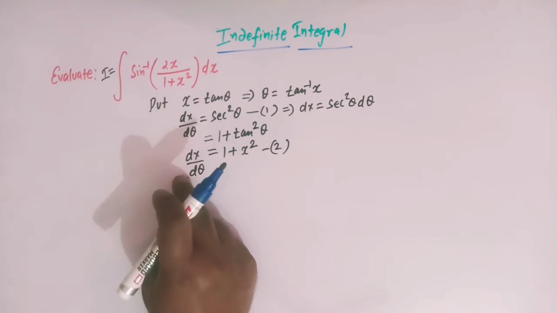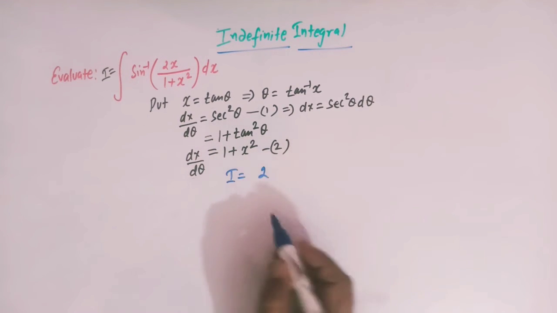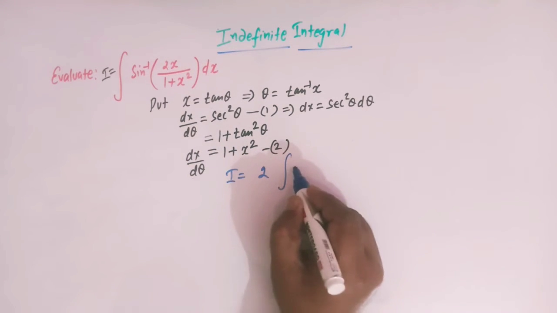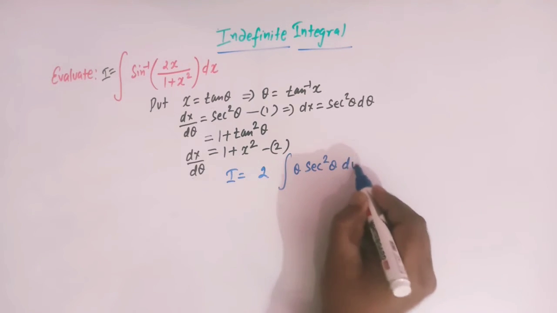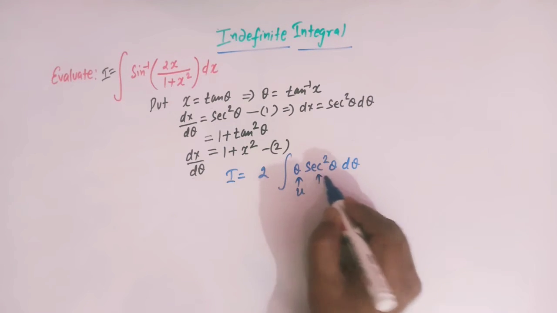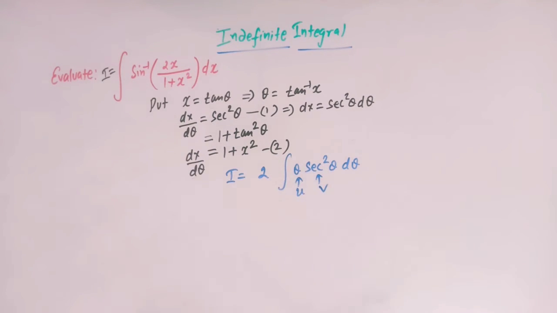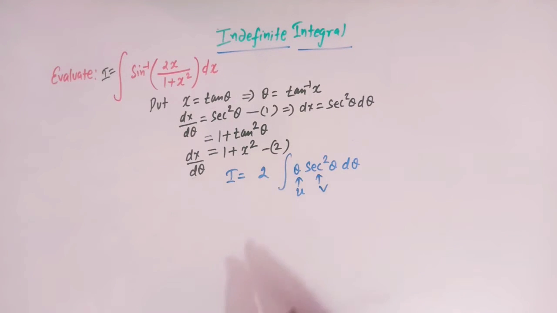So now our integral I is 2 times the integral of theta sec square theta d theta. We take theta as u, and sec square theta as v. Now we can make use of the formula for integration by parts.